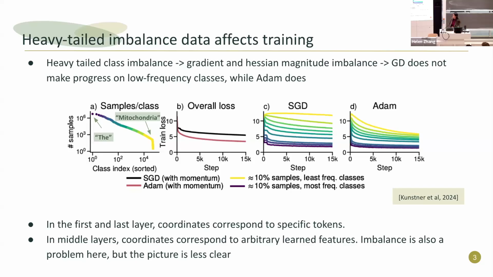But in the middle layer, things are a bit more complicated because the coordinates correspond to features or some arbitrary combinations of the classes. So there's still imbalance, but it's no longer a class imbalance. And we want to understand what structure there is in the middle layers as well.